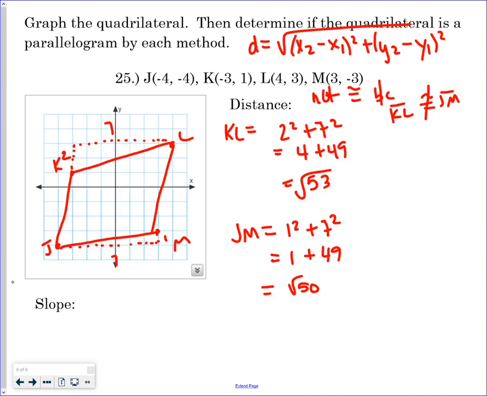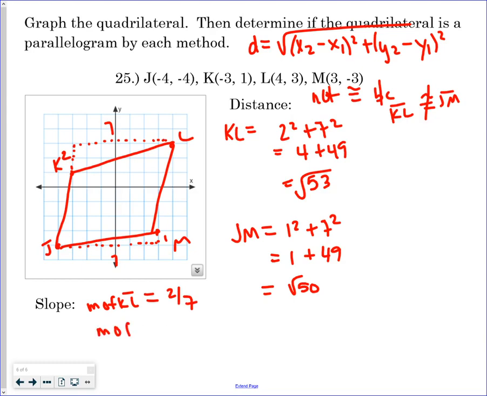If it's just slope alone, it would be the definition, right? So I would see if KL was parallel to JM, and if that was yes, I'd keep going and see if KJ was parallel to LM. So we can do slope by counting rise over run. That would take us like 2 seconds. So if I do the slope of KL, it looks like we rose 2 and we ran 7, positive, positive.